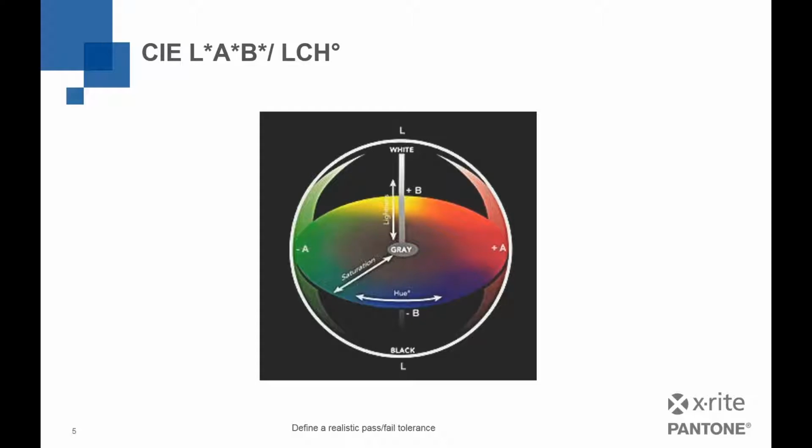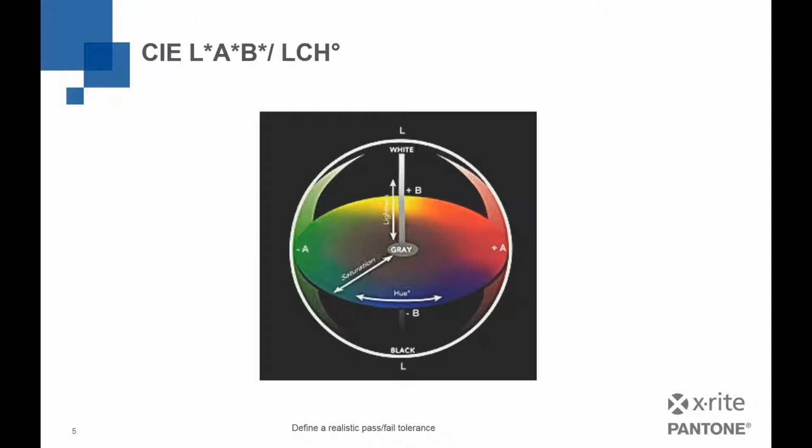In 1976, the CIE published the CIELAB color space, a three-dimensional space into which all colors we can see can be plotted in terms of the lightness, red-green, and yellow-blue coordinates.